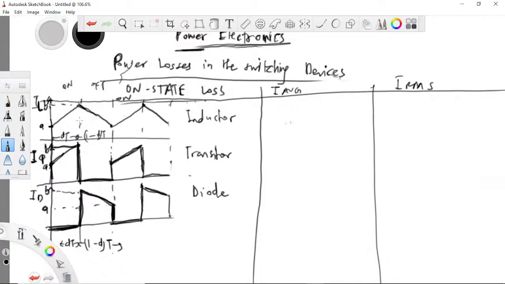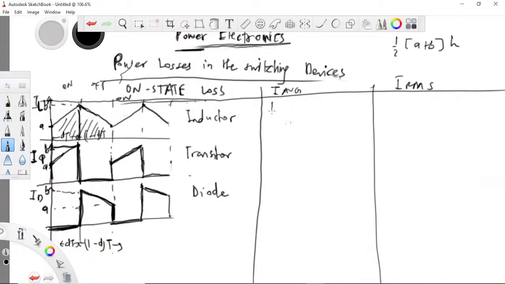Now the area under this curve is just two trapeziums coming together. The area of a trapezium is half times the sum of the parallel sides times the perpendicular height.